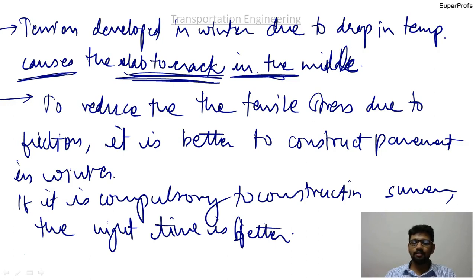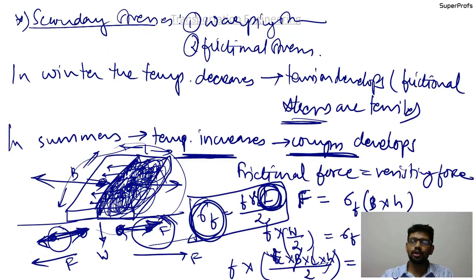In seasonal variation, across the complete depth, the temperature is going to constantly increase or constantly decrease. That is the reason we are not considering warping over here. So you need not question why sir you are not showing warping over here. Here we are considering the seasonal temperature variation, which has no gradient across the depth.